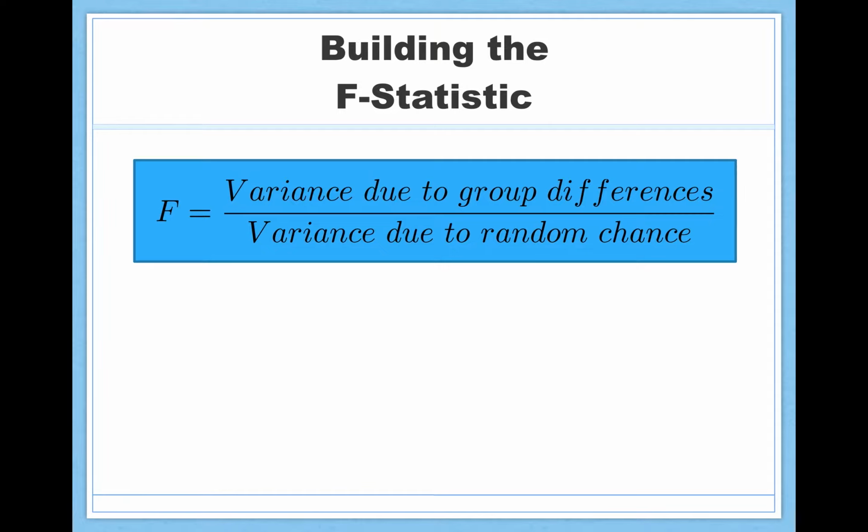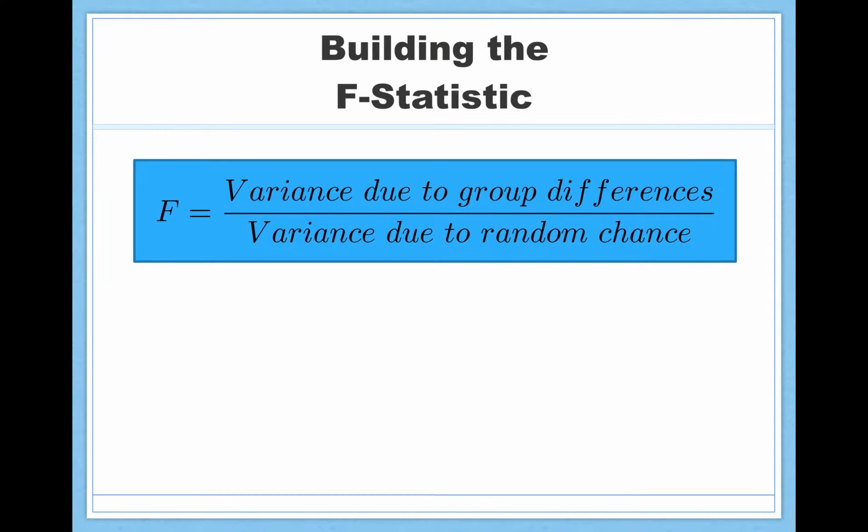So let's break this down a little bit because the approach that we're taking with the one-way analysis of variance is very different than the z or t-test worlds that we were in before. In the numerator we have the variance due to group differences. This is what we really care about. We're looking at differences between more than two groups typically, so we want to know, are there significant differences between any of those groups?